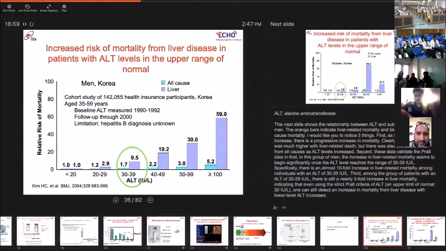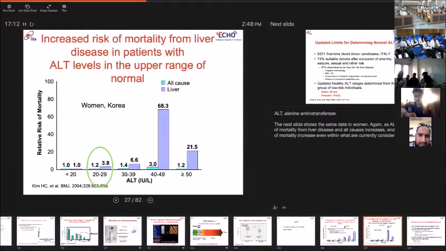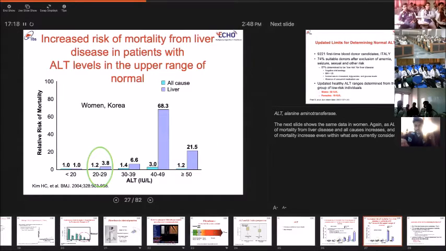Despite the elevation of the ALT, they also noted increased cardiovascular mortality. Similarly, in females also, they noted that with the increase in the ALT level, there's an increased risk of mortality from liver and cardiovascular causes.